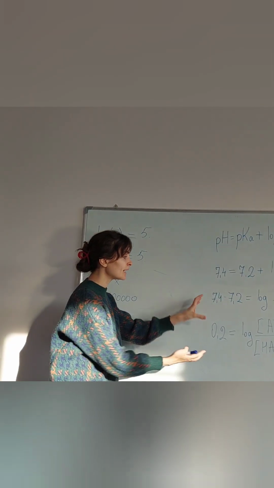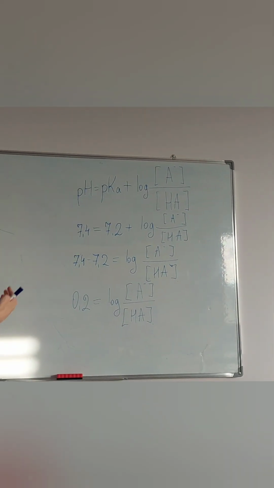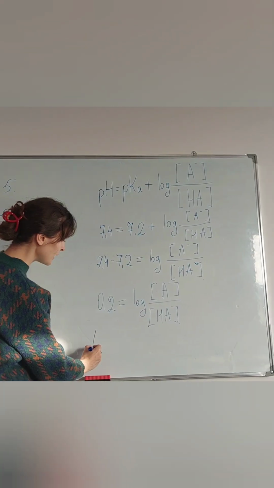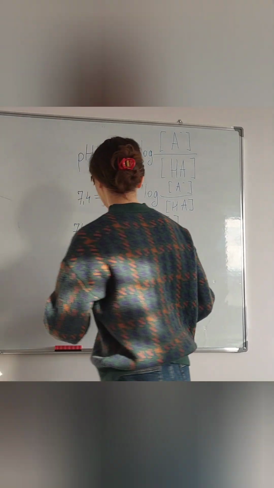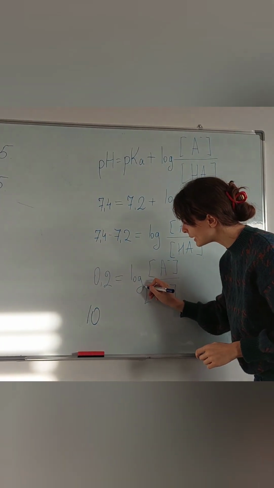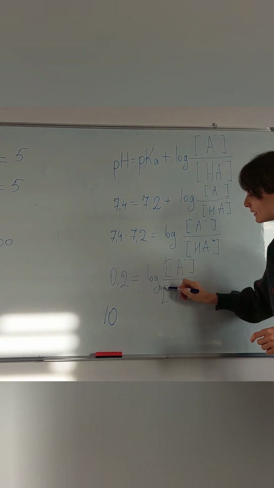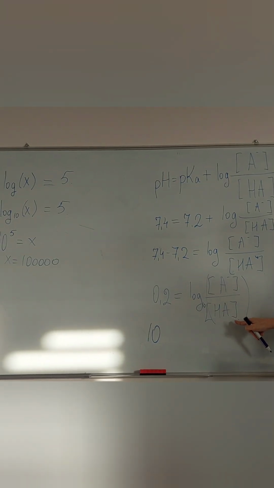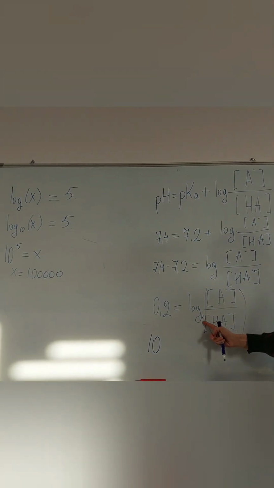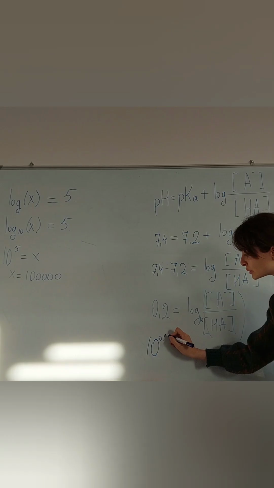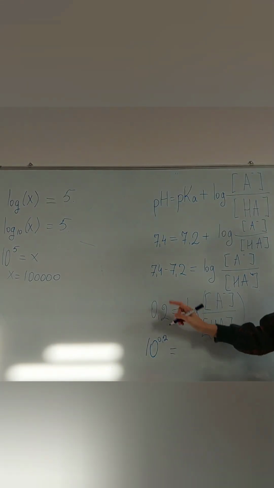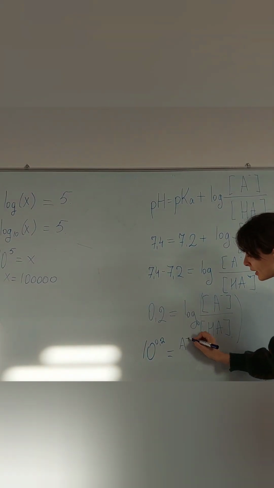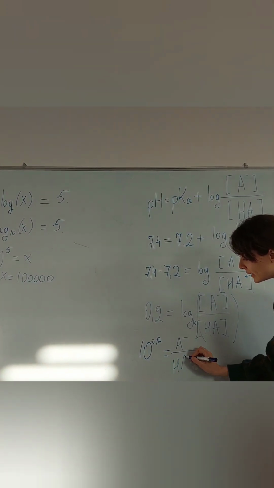So now let's raise this equation out of the logarithm. We have the logarithm with the base of 10, and that is our x, the conjugate base over the acid ratio. So 10 to the power of 0.2 will equal our x, this ratio of the conjugate base over the acid.